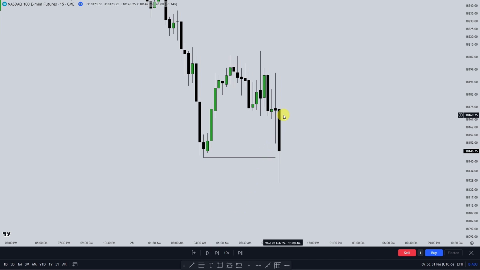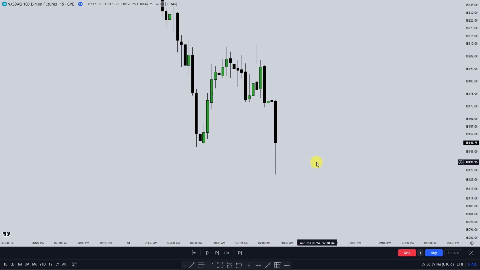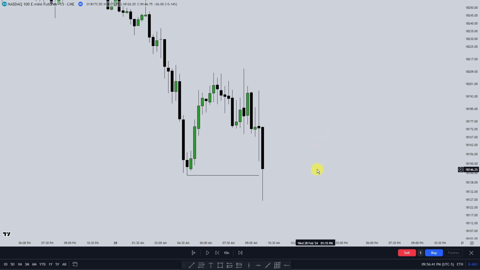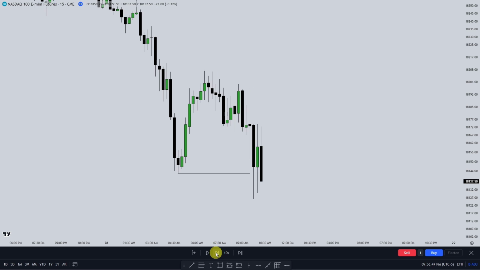And as you can see, price comes down, wicks it, and it does not close below it. And we can anticipate a little retracement higher. And as you can see, there does happen to be.